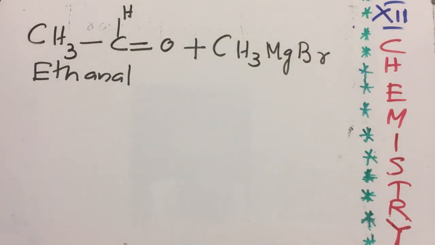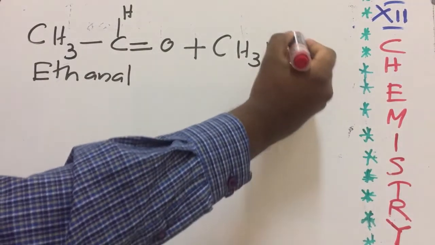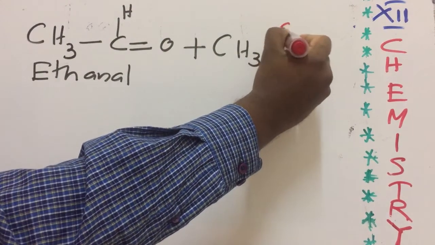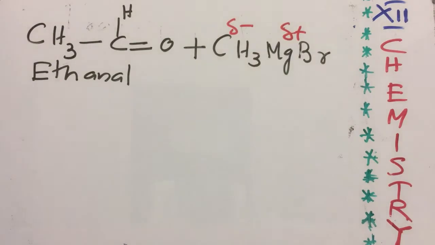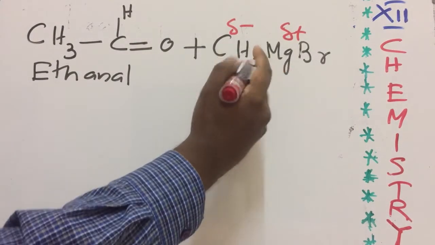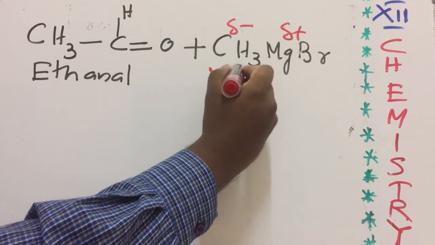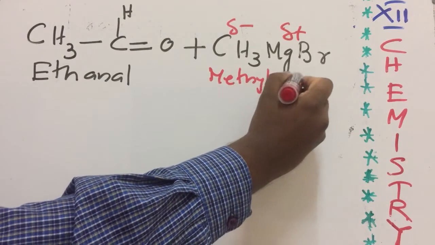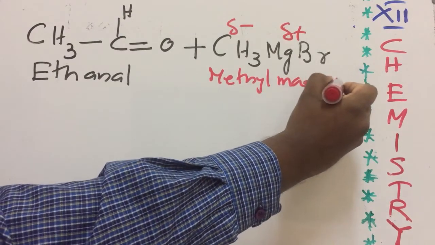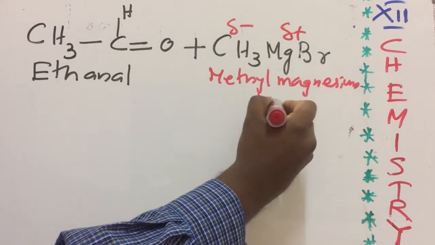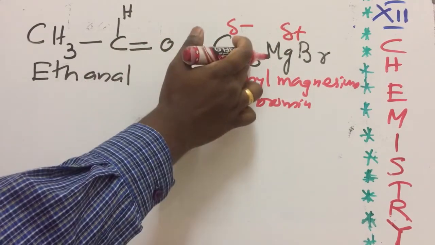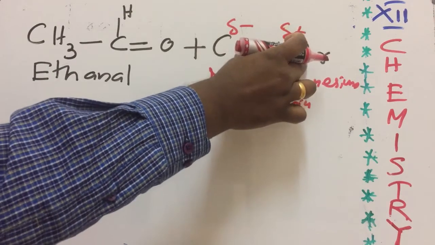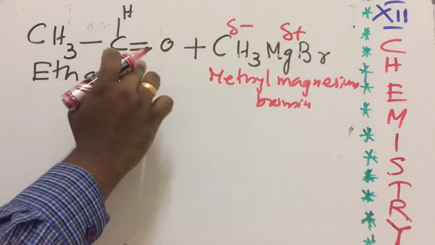As already said, in CH3MgBr, MgBr is delta positive and CH3 is delta negative. What is the name of the Grignard reagent? Methyl magnesium bromide. When you add the Grignard reagent to this ethanal, what will happen?